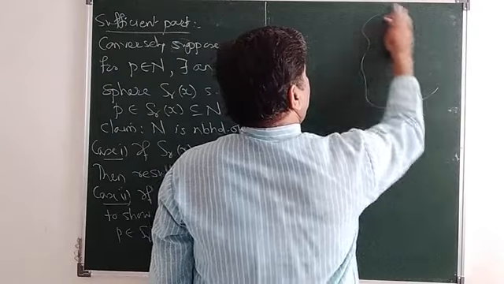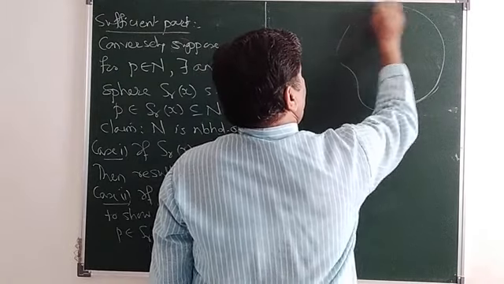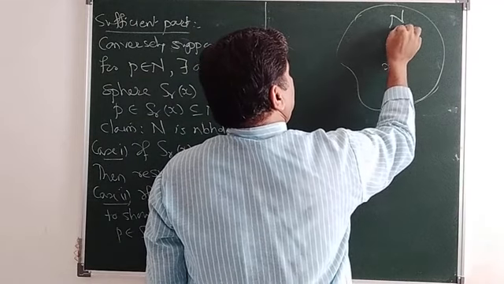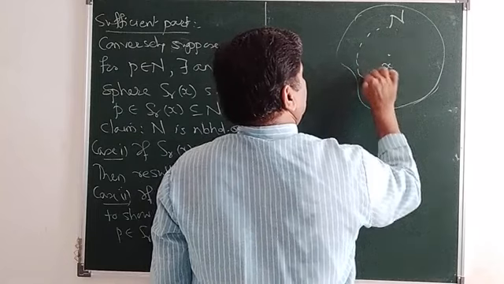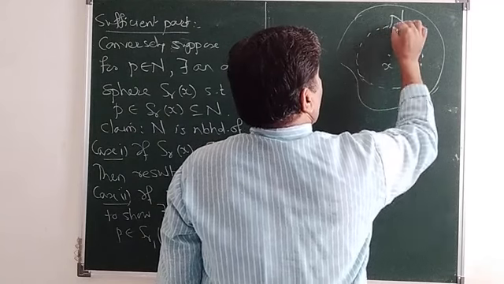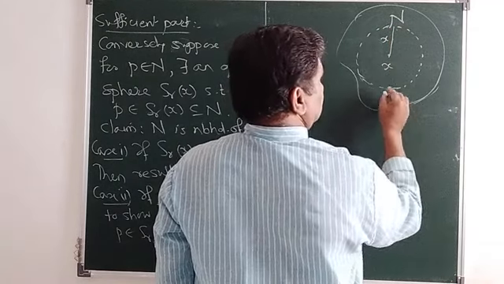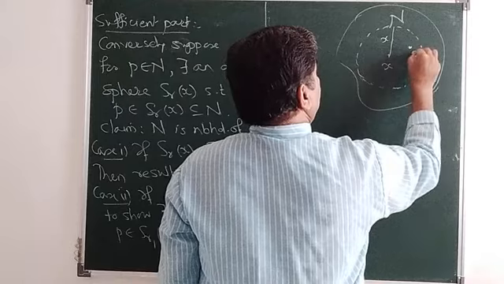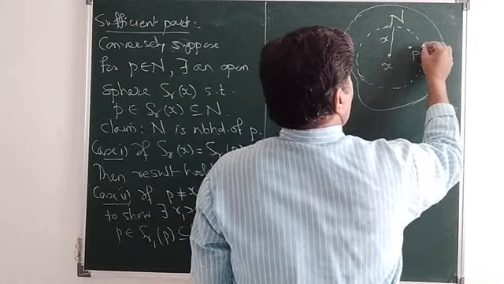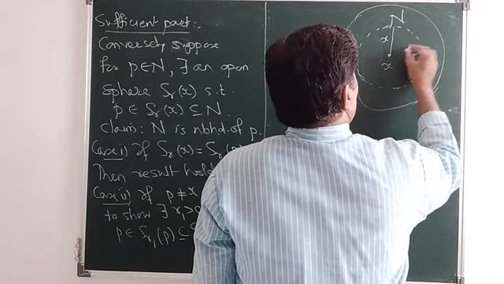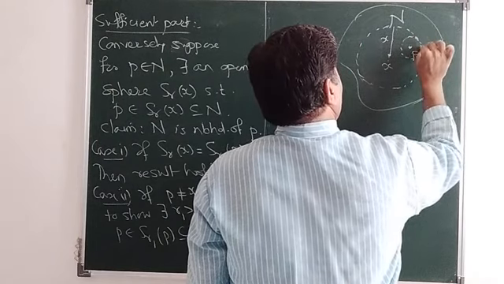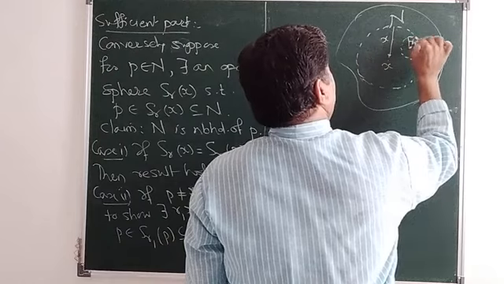So I have some N here. This is my X, this is my S_R(X), and this is point P. P is in S_R(X). Then this is my R1 distance.